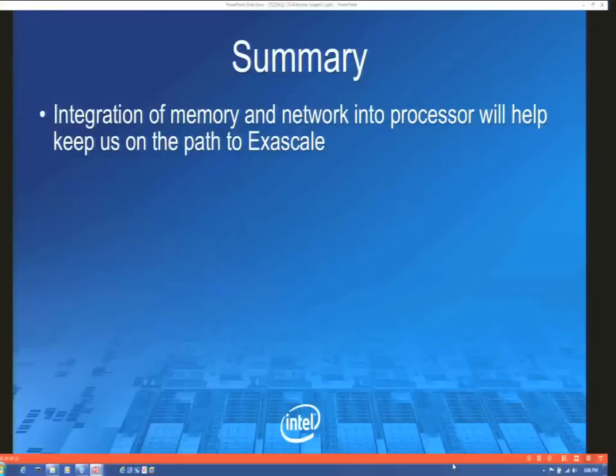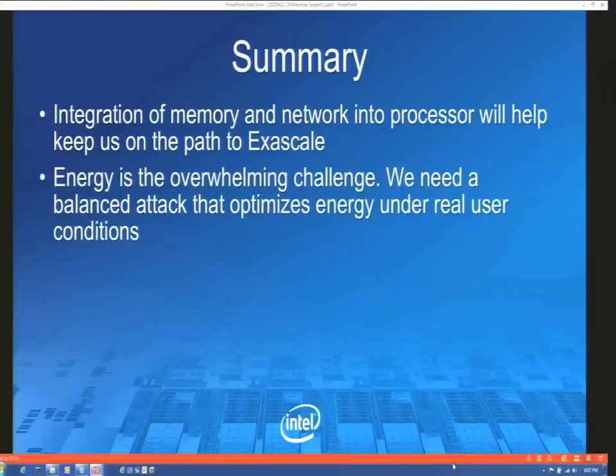The integration of memory and network into a processor will dramatically help keep us on the path of Exascale. It's not the only thing that we need, but it is a driver for us. Energy is the overwhelming challenge. As I pointed out, every couple of machine generations, you can't build another building that costs 10 times more than the building before and call that a scalable methodology.